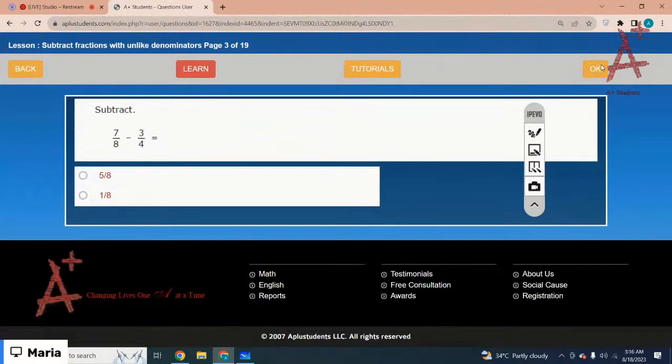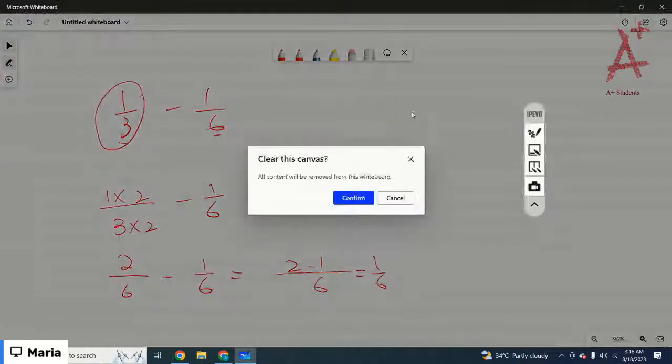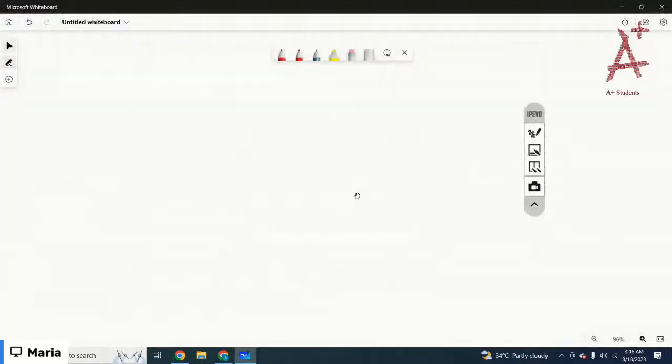Okay, the next one is subtract 7 over 8 minus 3 over 4. Let's just do 7 over 8 minus 3 over 4, right?